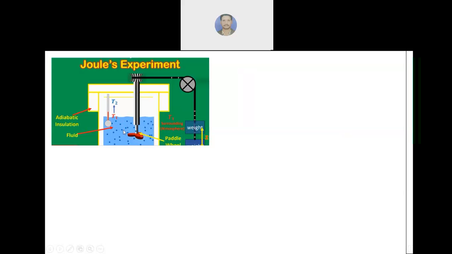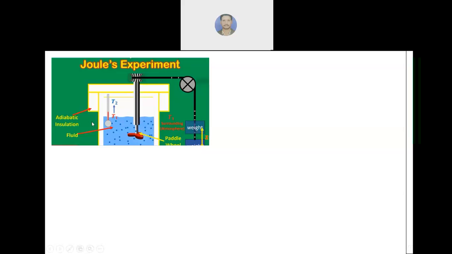Now, if kinetic energy is there, what happens? There is a change in temperature. The temperature will rise. This will become heat. Let the temperature rise up to T2. Because of the moving down of this weight, the stirrer mechanism is rotating, and because of this rotation the paddle wheel at the bottom is rotating.